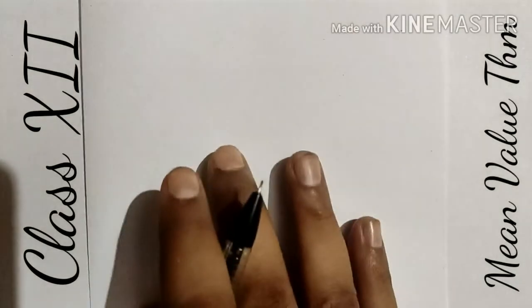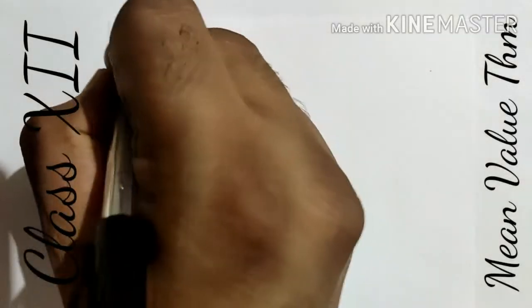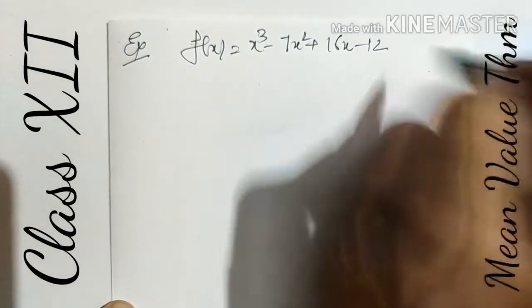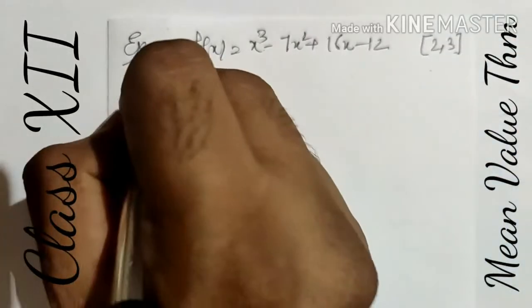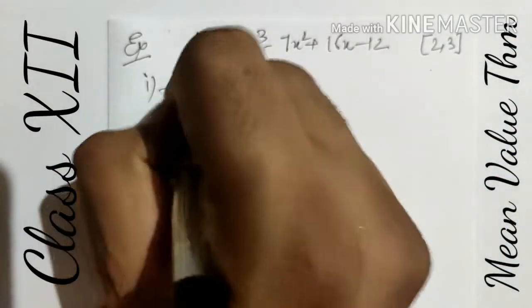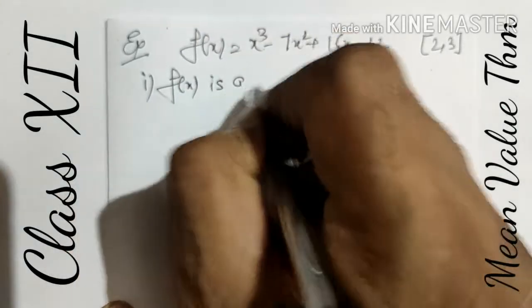Firstly, we take the example of a polynomial function. f of x is given by x cube minus 7x square plus 16x minus 12, and the interval is given by 2, 3. First step, as you know, f(x) is a polynomial function.